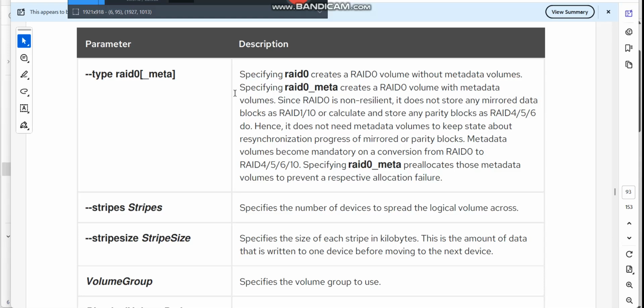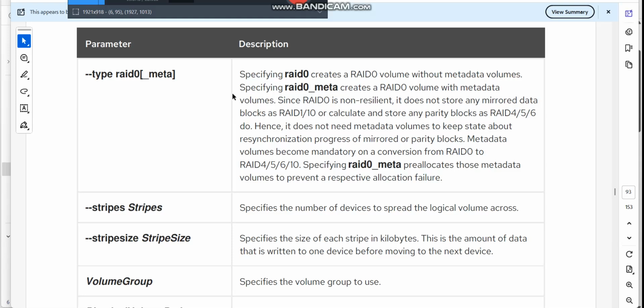Since raid0 is non-resilient, it does not store any mirror data blocks as raid1 or raid10 do, or calculate and store any parity blocks as raid4, 5 or 6 do. Hence, it does not need metadata volumes to keep state about resynchronization progress of mirrored or parity blocks.